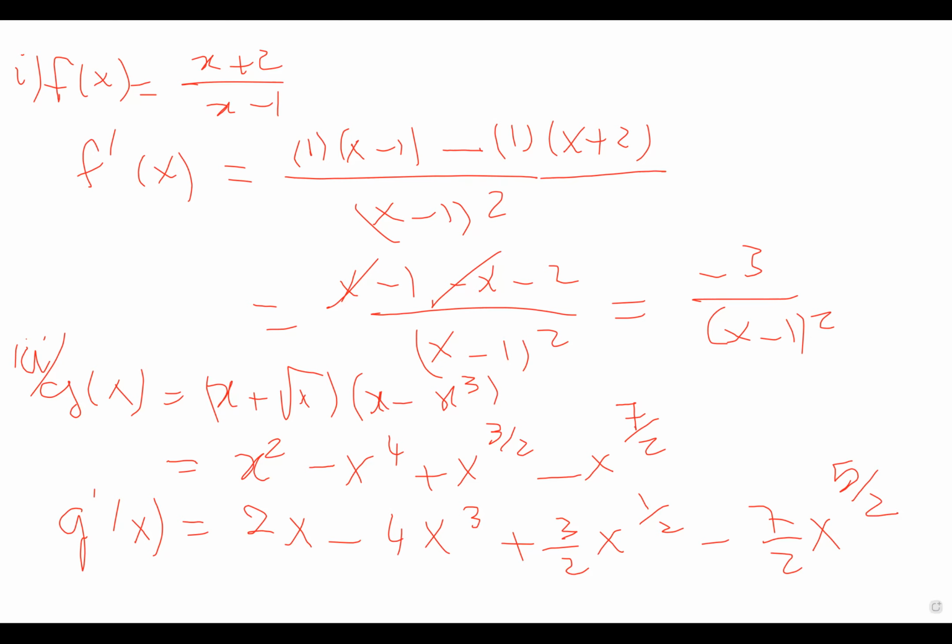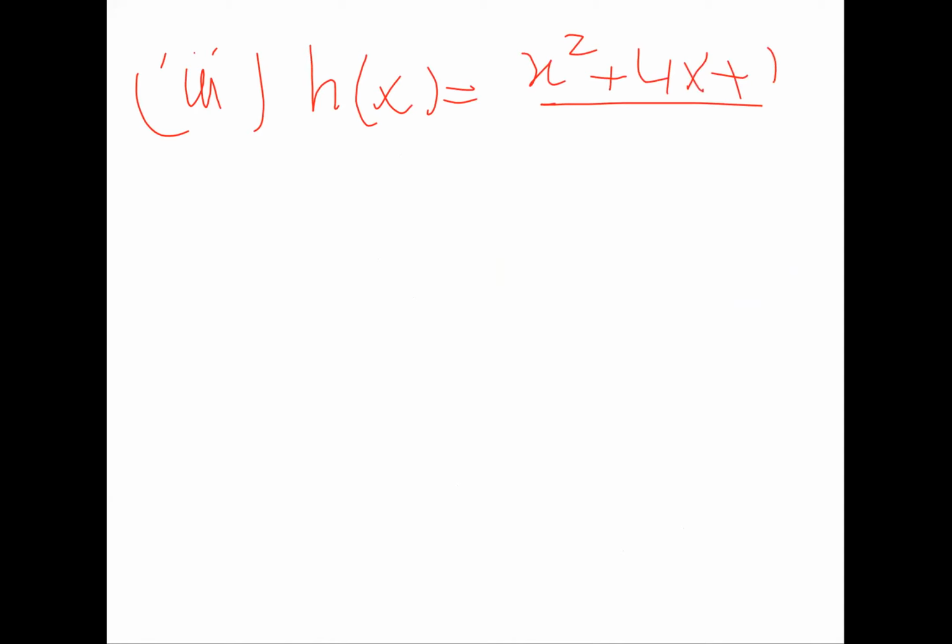Now, the third one, which is h of x equal to (x^2 + 4x + 1) over x root x.